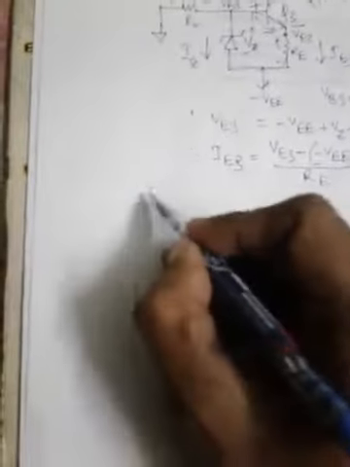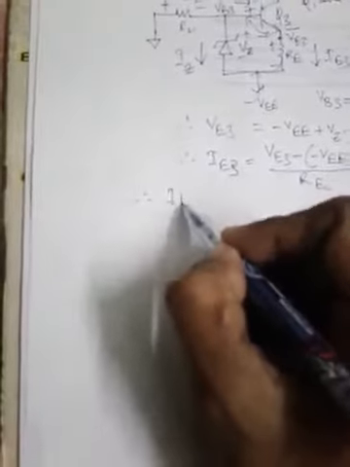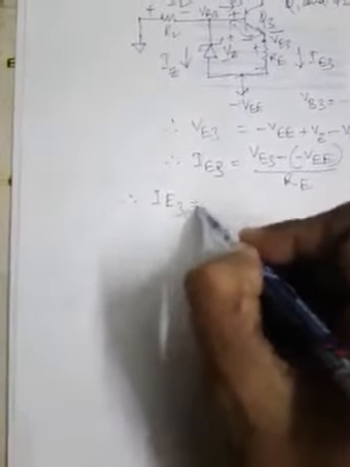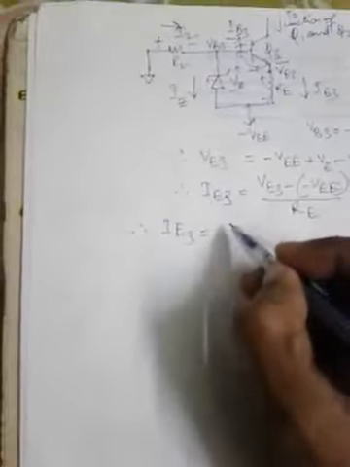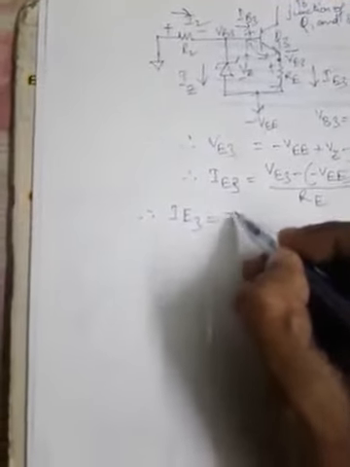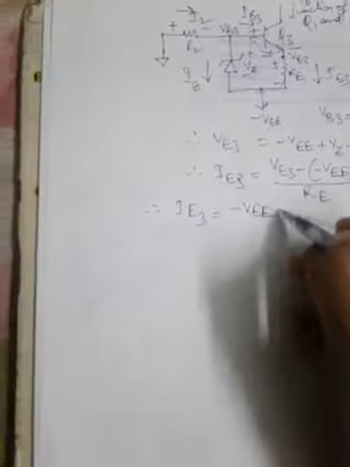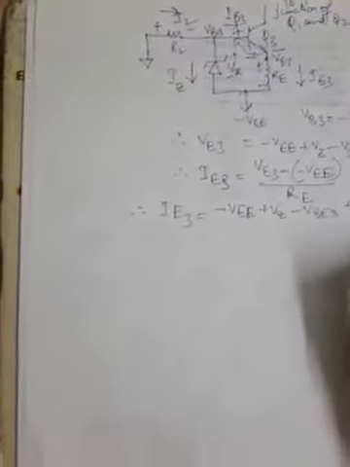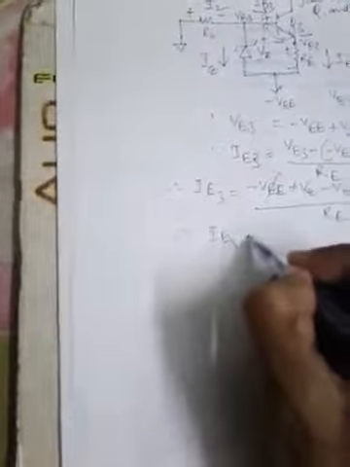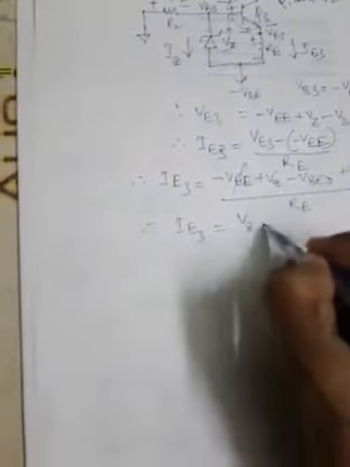Now put VE3 from this equation over this, so therefore IE3 can be written as minus VEE plus Vz minus VBE3 plus VE, so VE cancels out, divided by RE. So therefore IE3 is nothing but Vz minus VBE3 divided by RE.